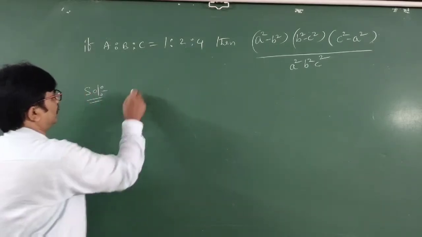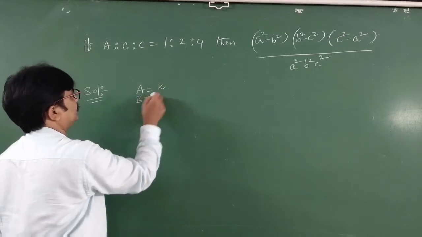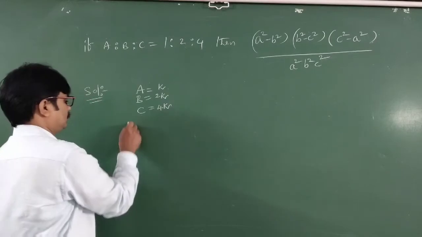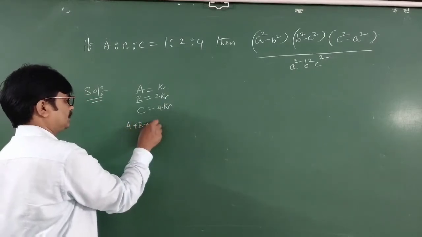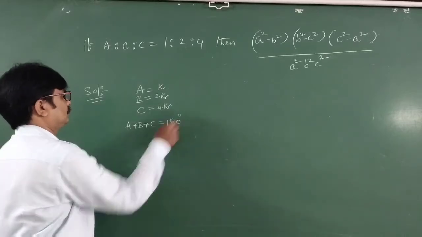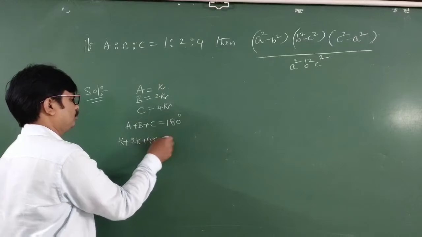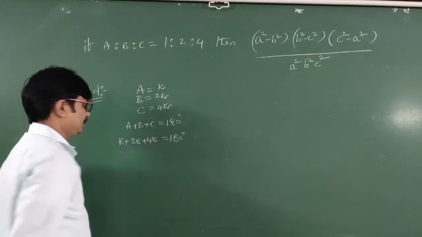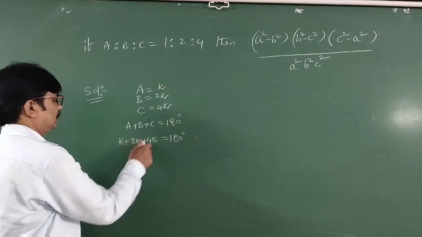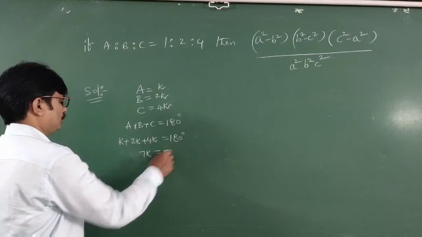Now students, the angle A is k, angle B is 2k, angle C is 4k. Now students, the sum of the angles A plus B plus C equals 180 degrees. So k plus 2k plus 4k is 180 degrees, this is 7k equal to 180.